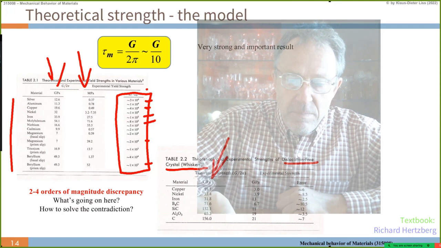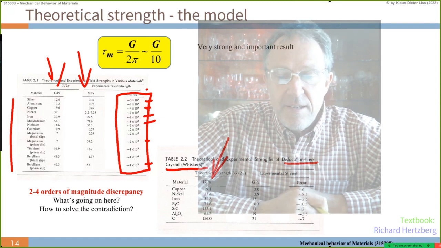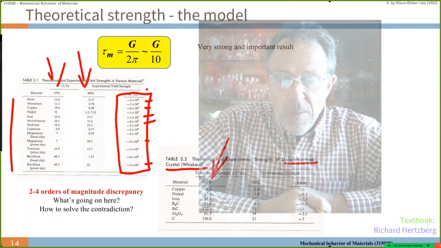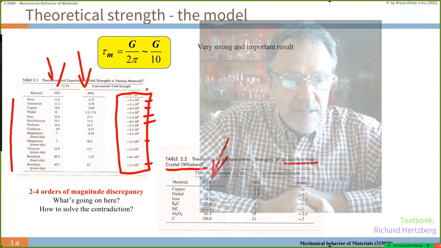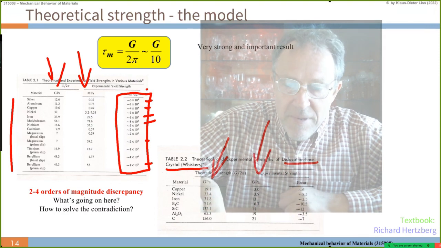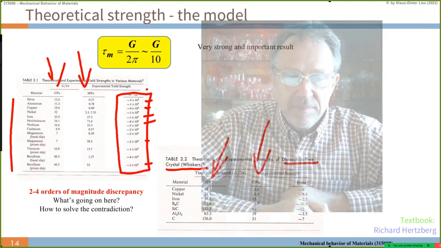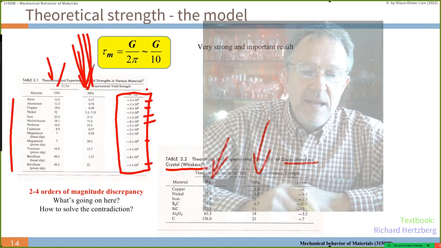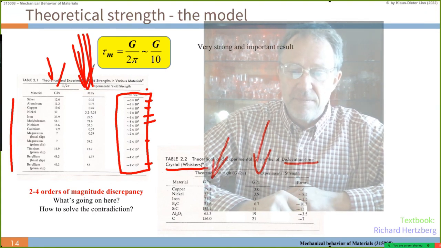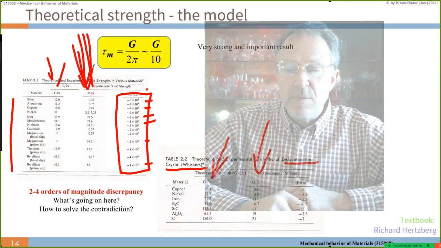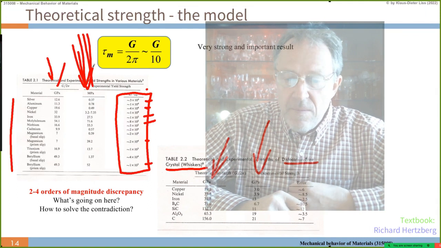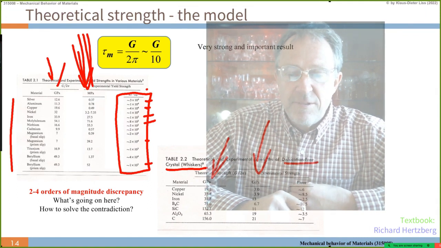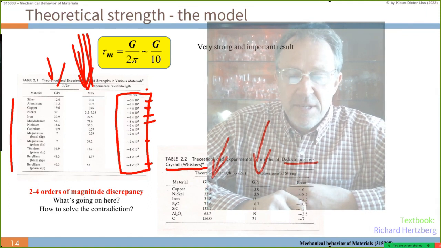We see that because the theoretical yield strength, G over 2 pi, is still the same as before, but the experimental strength is already higher than in the polycrystalline material in the table to the left. So the whisker has higher experimental strengths than the polycrystalline material.